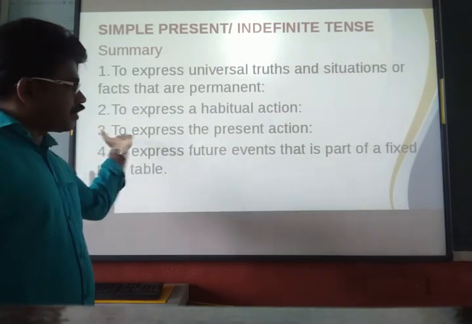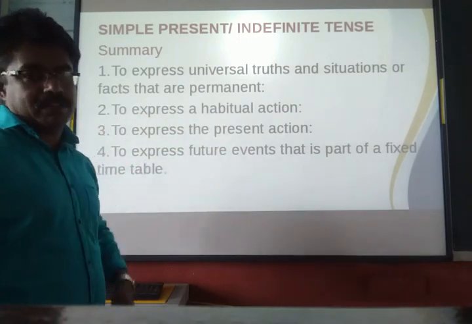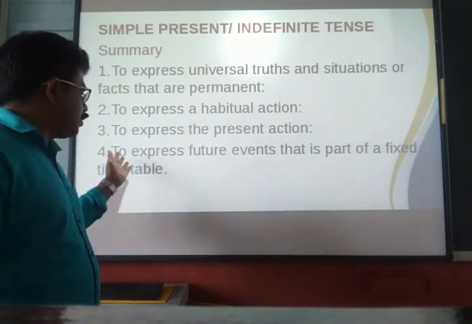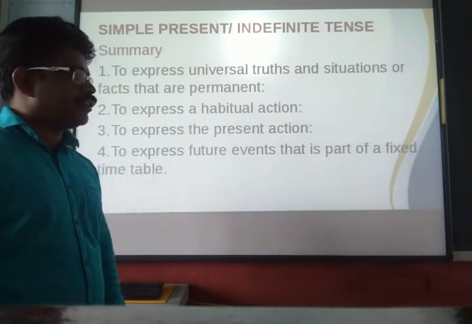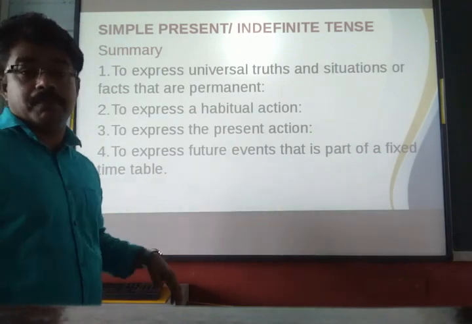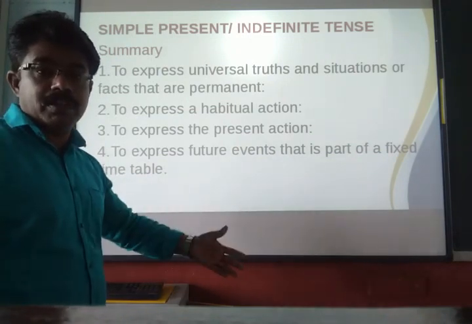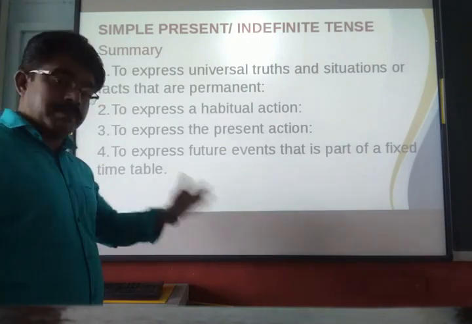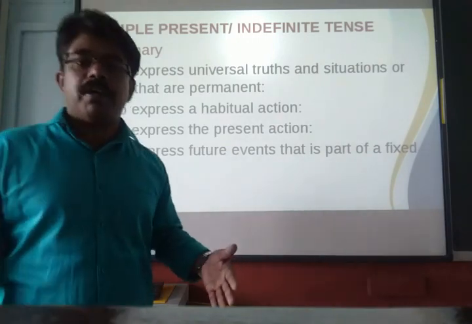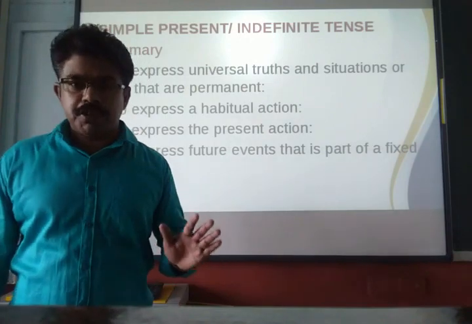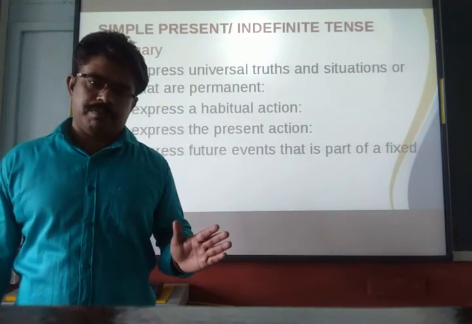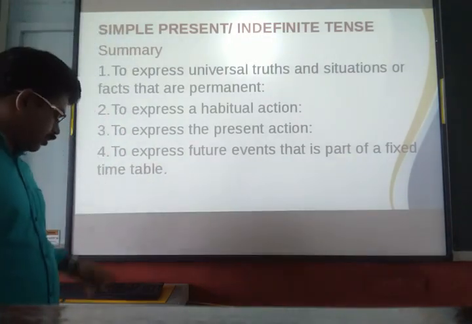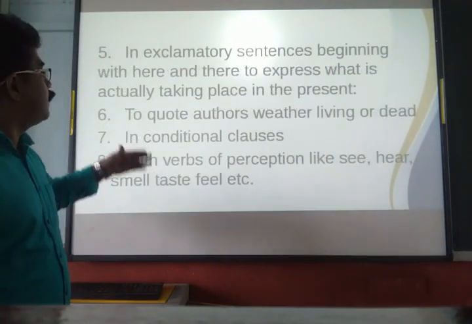Third, to express the present action, something going on at the moment. Fourth, to express future events that are part of a fixed timetable, which may take place in the future but we know it is already set to take place in the near future. So these are 4 things, and there are 4 more.